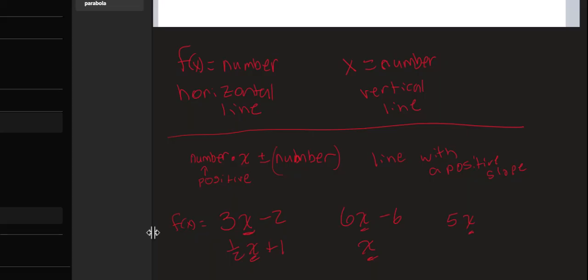If it's just a number, if I had f of x equals 3, that's a horizontal line. Or f of x equals 0. Or f of x equals -1/2. Those are just numbers. Those are horizontal lines. Vertical lines, x equals 2, x equals -6.